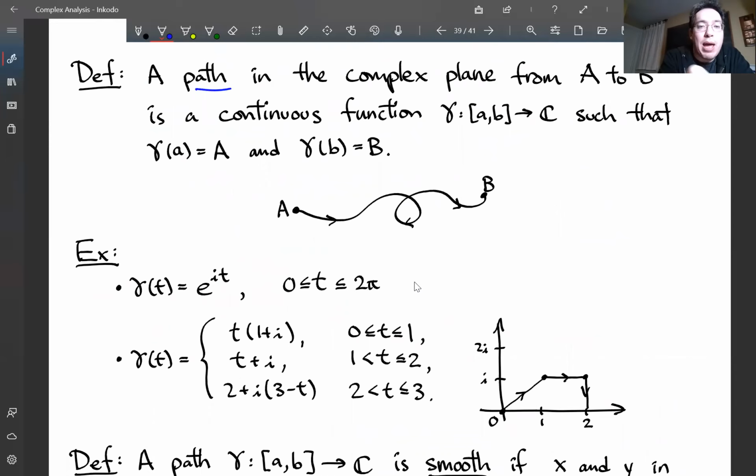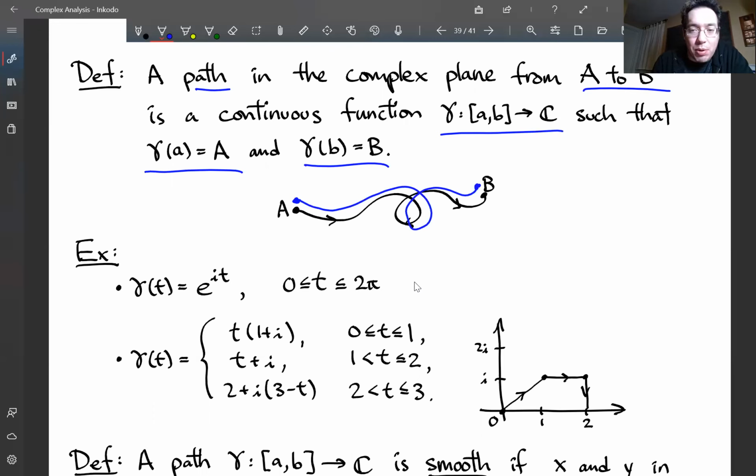So let's say a path in a complex plane from A to B is a continuous function on a real interval from A to B, such that the starting point is A and the ending point is B. So you can kind of imagine it starts at the complex number A, and as the variable changes, it continuously moves to the point B. Okay, a couple example of path.